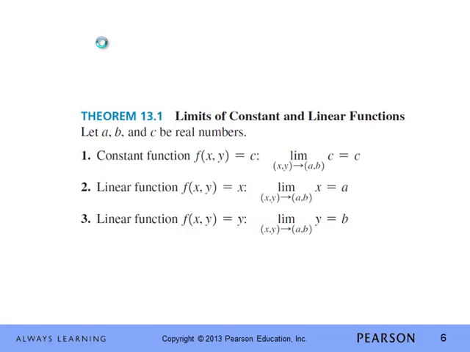So the limit of a constant function is that constant. The limit of a linear function like f of x, y equals x, or f of x, y equals y, or f of x, y equals cx plus dy, or whatever, you just plug in the appropriate values for x or y. Just plug the numbers in. Just evaluate them, right?